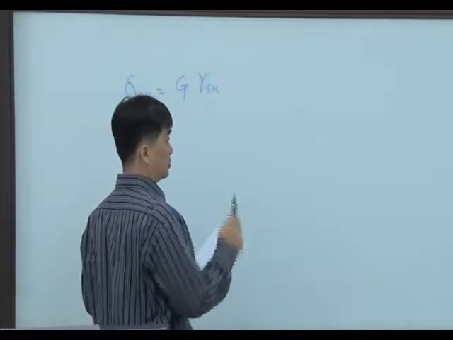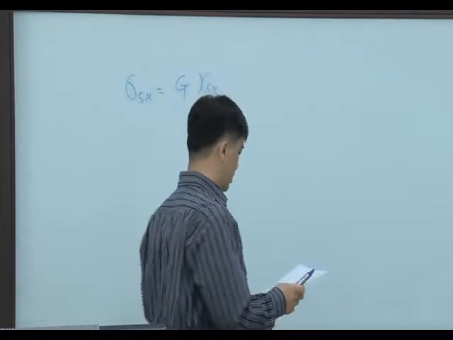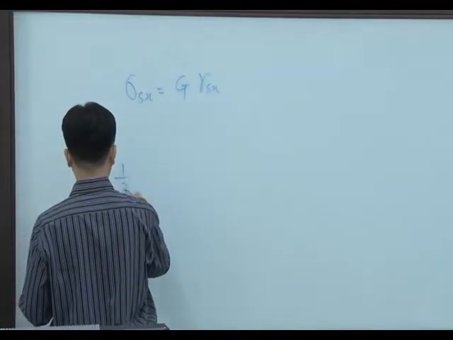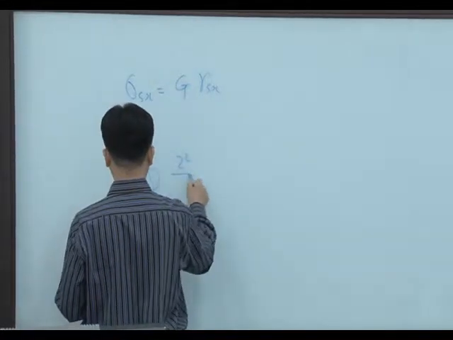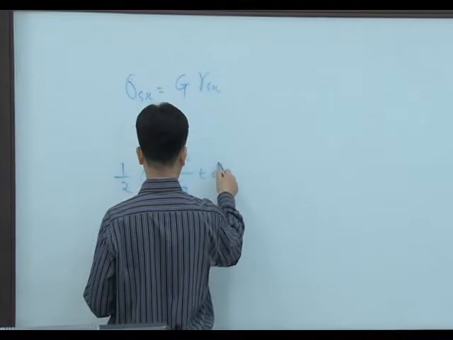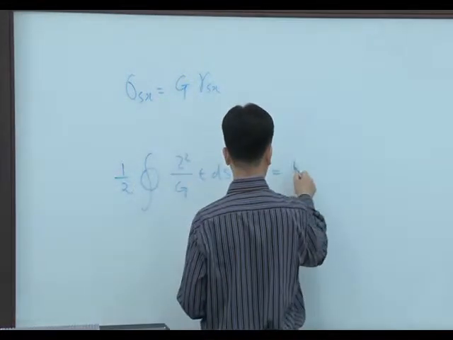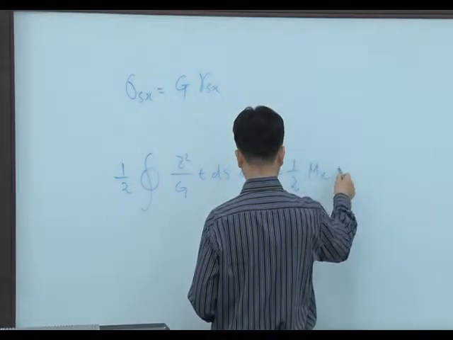Then the externally applied work should be the same as the strain energy, right? So 1/2 tau squared over G, t ds dx should be the same as 1/2 Mx d phi.